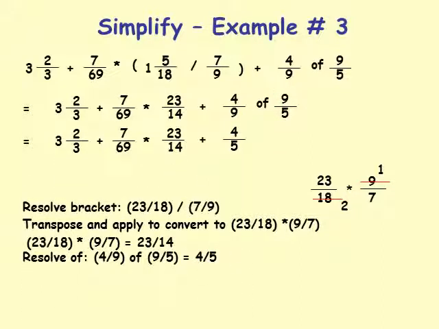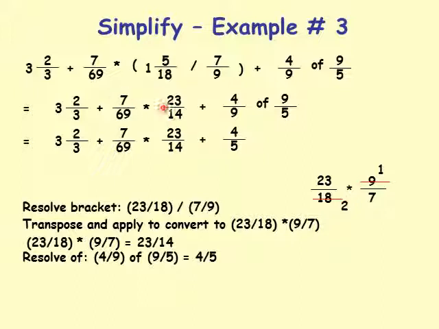Let's continue here. Okay, now the next order process is multiply. So we are going to do that. 23 and 69. We divide this 23 by 23, get a 1. Divide this 69 by 23, get a 3. So we got a 1 here and 3 here. Now 7, same way. We divide this 7 and 14 by 7.